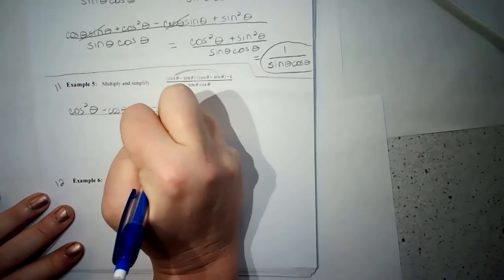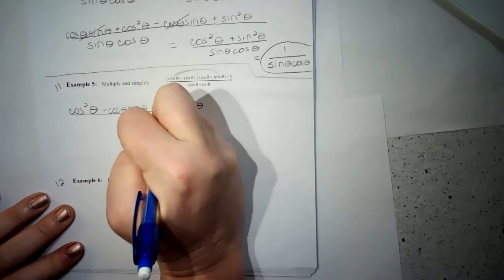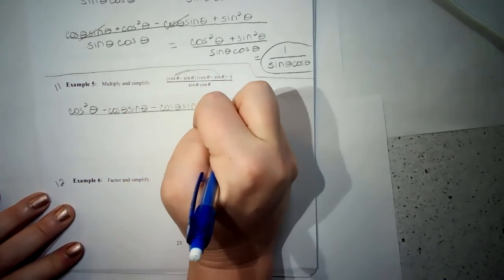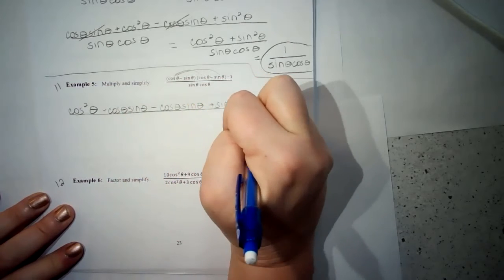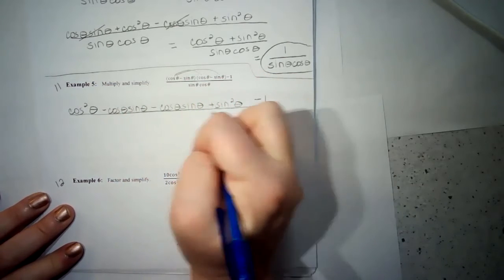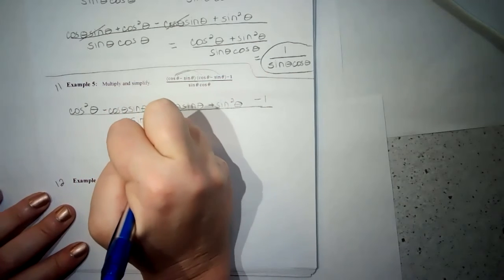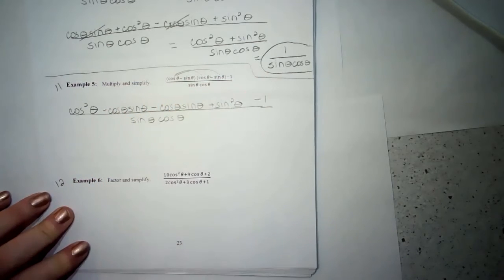So it might make it nicer if you just realize, okay, I could write it in the same order. Plus sine squared theta minus 1, stuck on the end, all over sine theta cosine theta. Oh, they're not going to cancel, my bad. We don't have anyone that's going to cancel here.